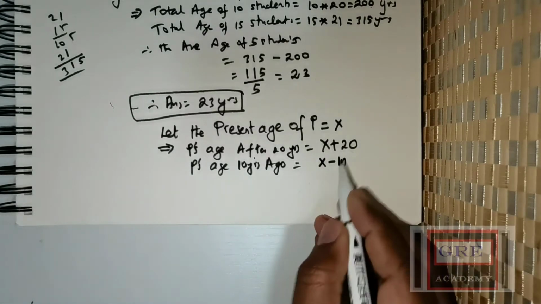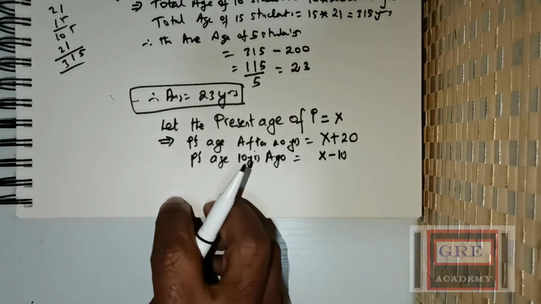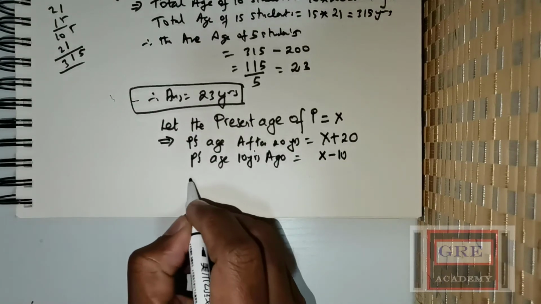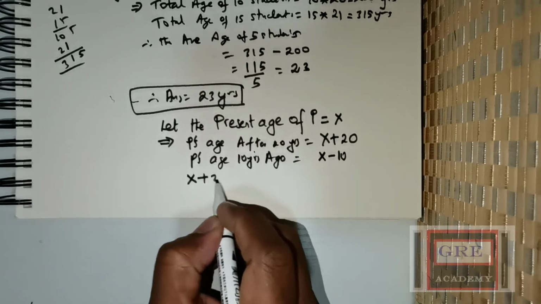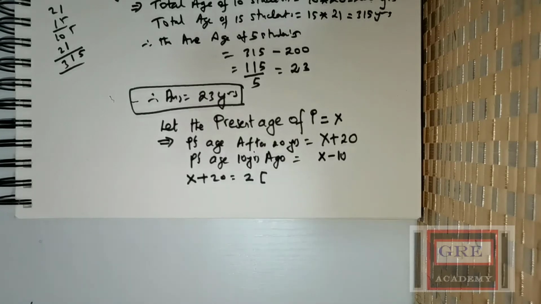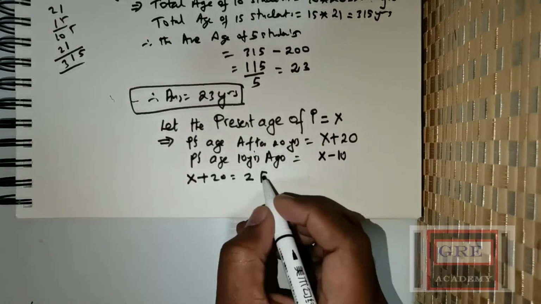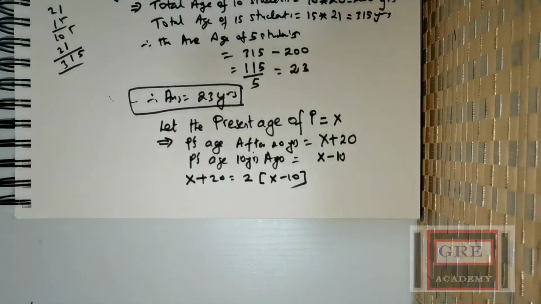Now we have to connect these two expressions. So how do we connect? It is given that P's age after 20 years will be 2 times his age 10 years back. So this is the way we have to connect.